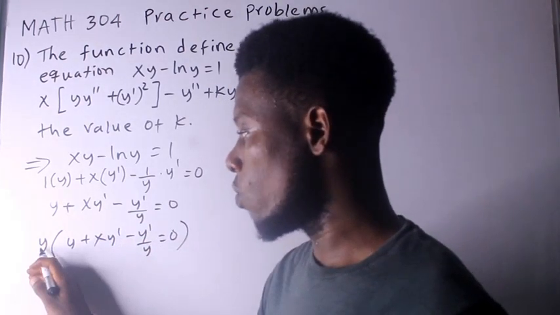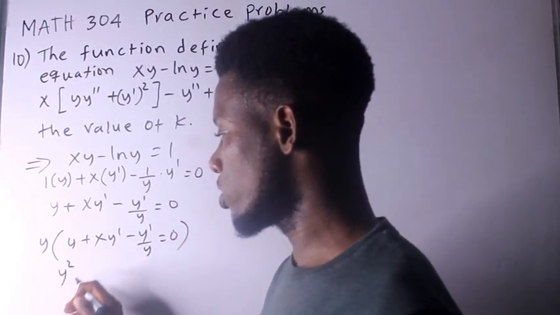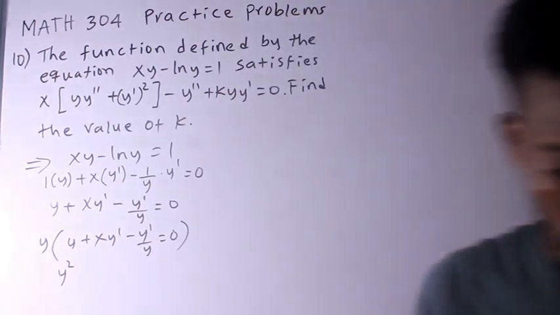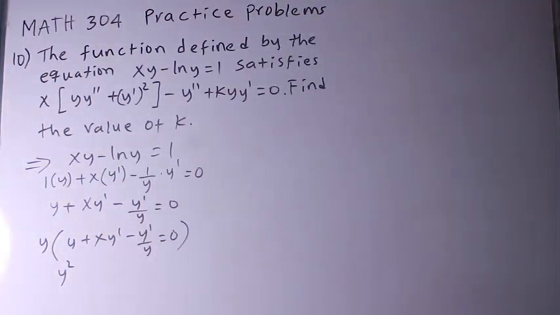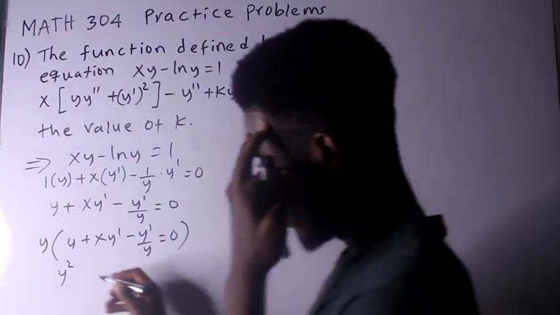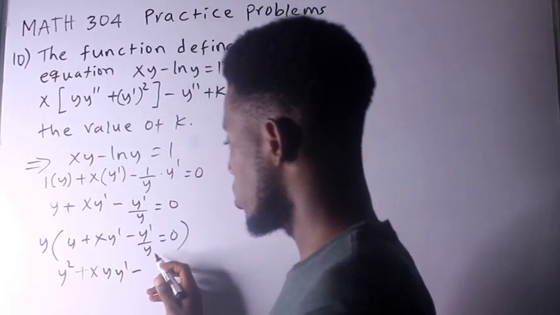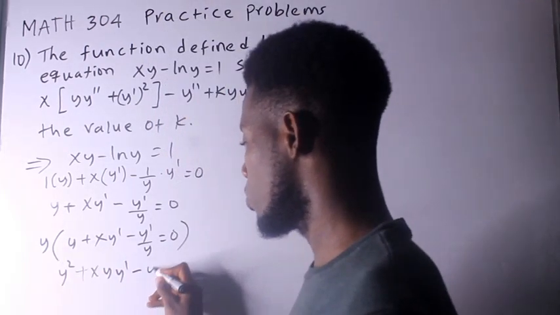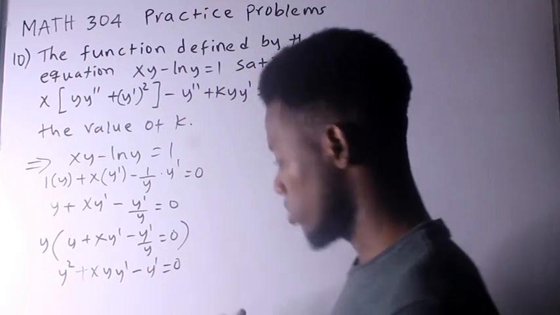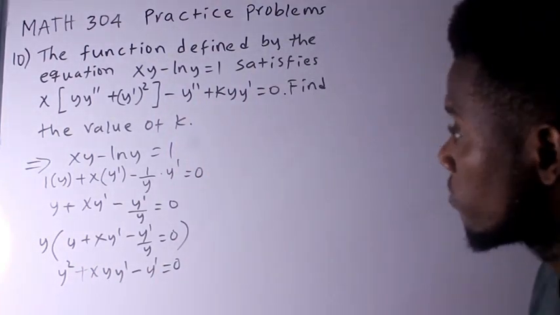Y times y is y squared. Y multiplied by xy prime is xy y prime. Minus y prime over y times y, the y and y cancel out, and we're just left with y prime, equal to 0.